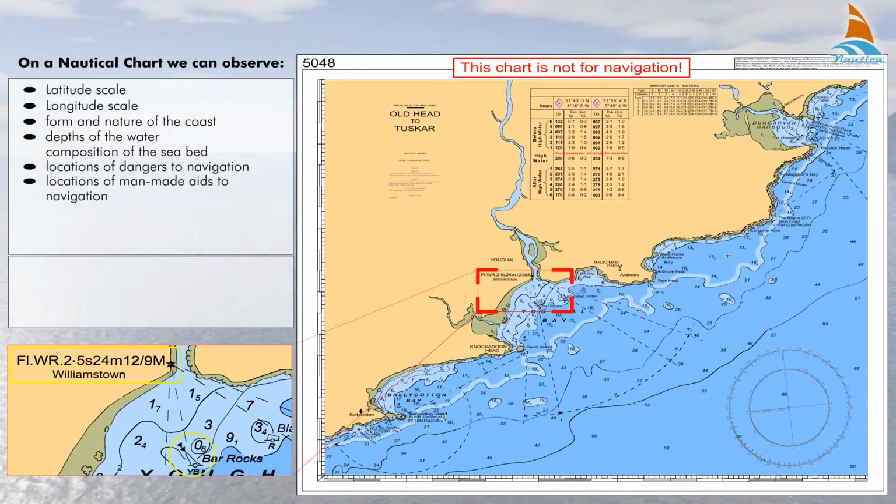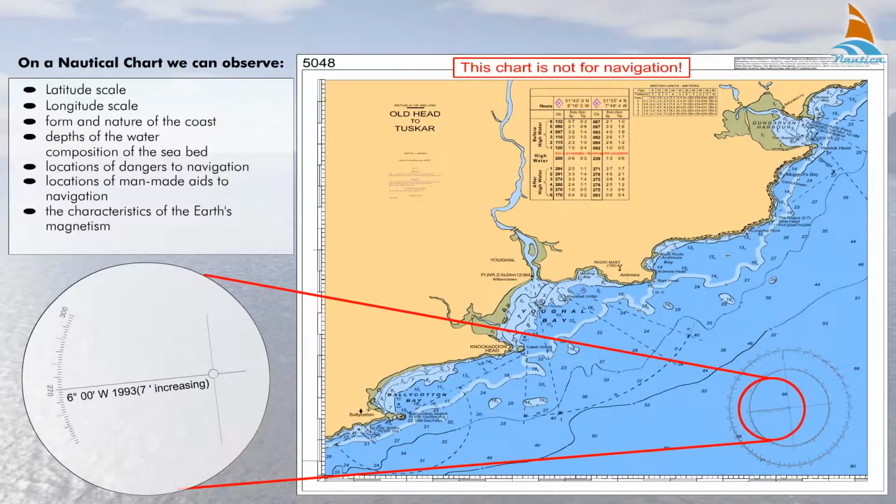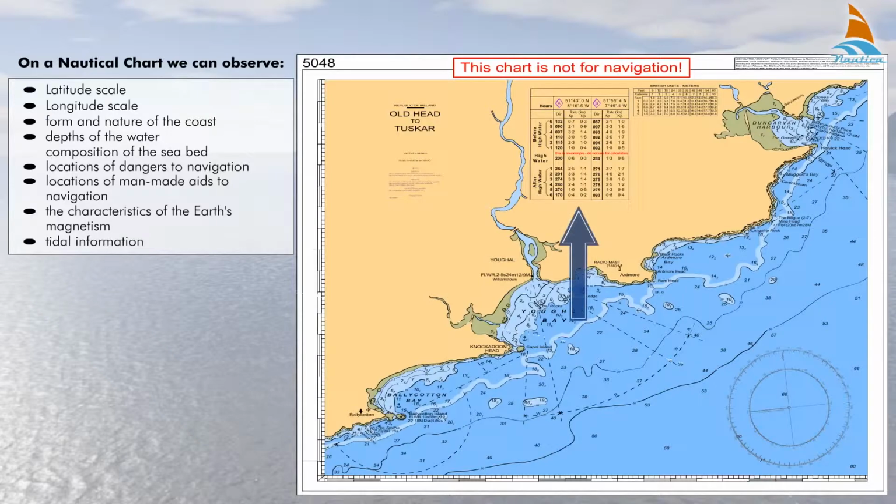We can also see locations of man-made aids to navigation, the characteristics of the Earth's magnetism, tidal information, and much more. We'll study all of these individually.